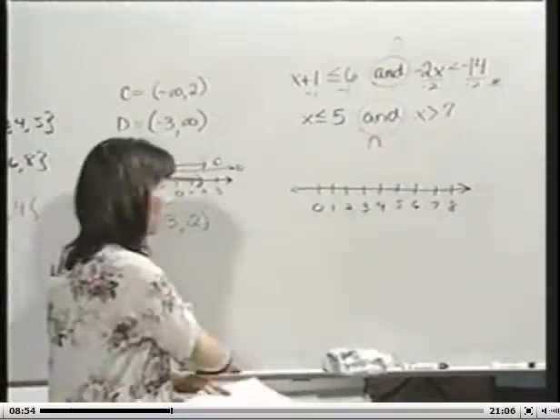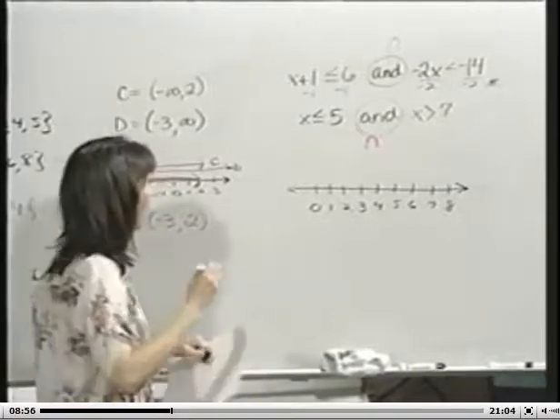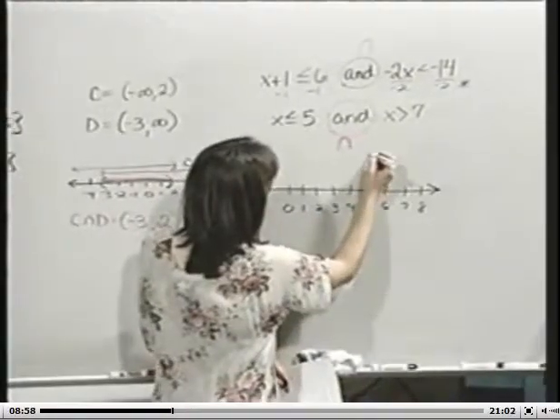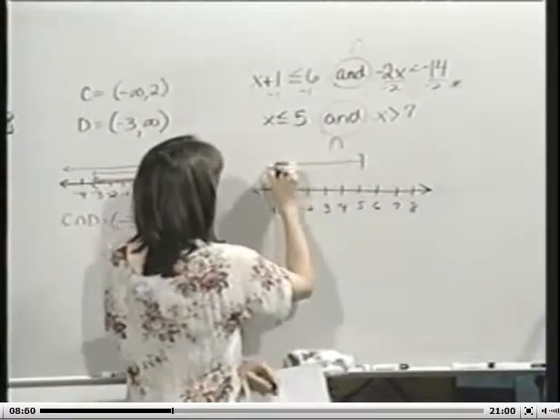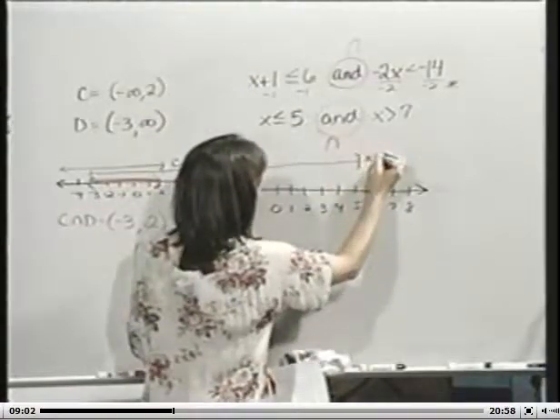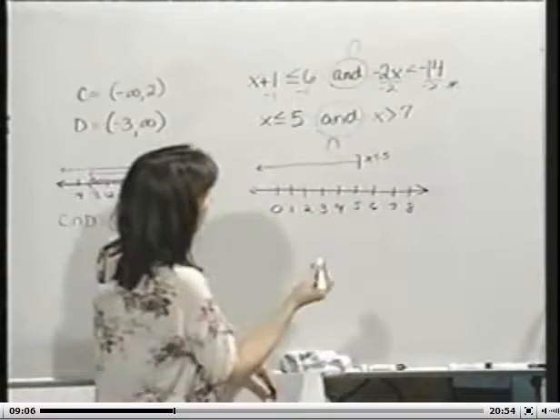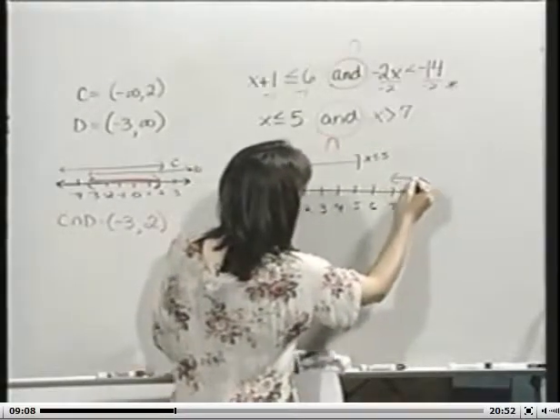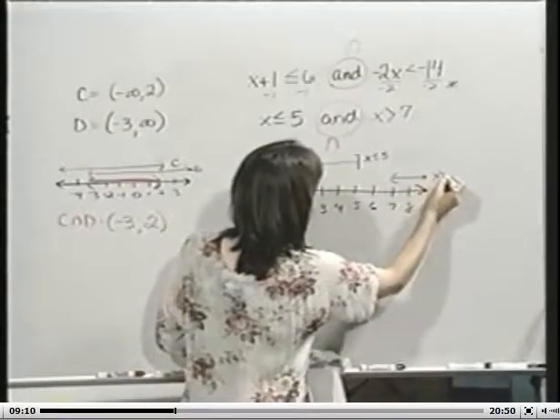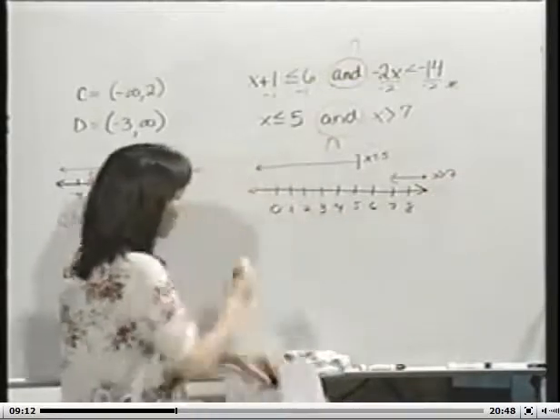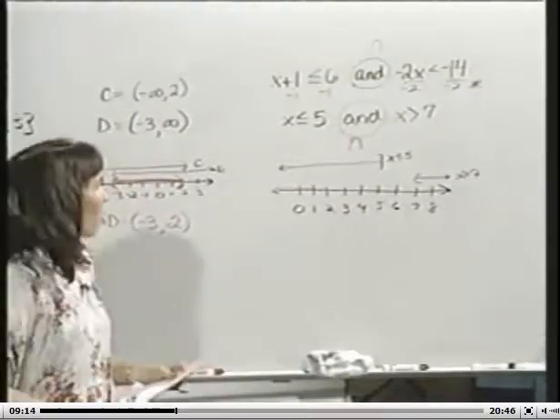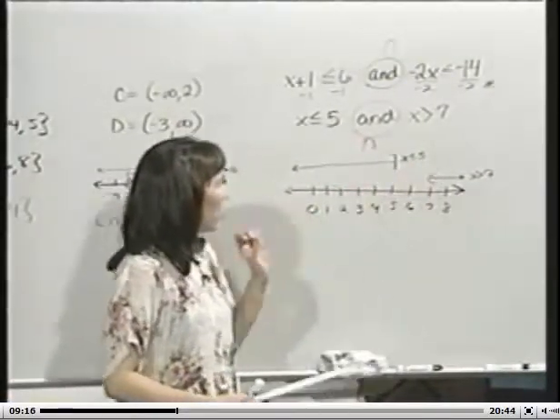So first start by sketching x less than or equal to 5. Here's 5. I want everything less than or equal to 5. That's x less than or equal to 5 right there. And now I want x greater than 7 right here. Uh-oh. And I am looking for the overlap. Where do they overlap?